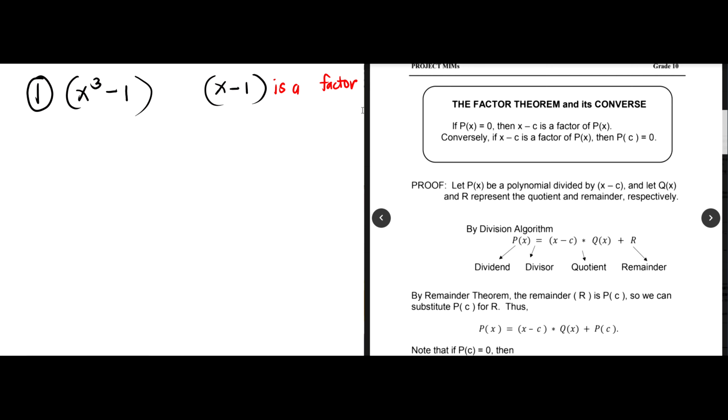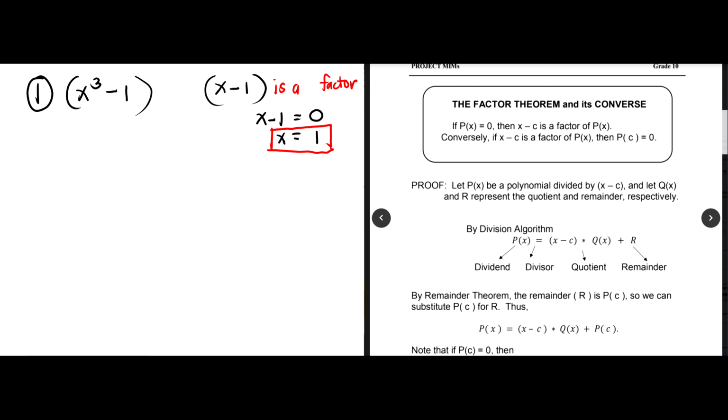Use the remainder theorem. We equate x minus c to 0, so x is equal to 1. How did we get that? You use the addition property: add 1 to both sides to cancel the negative 1. So x is equal to 1.